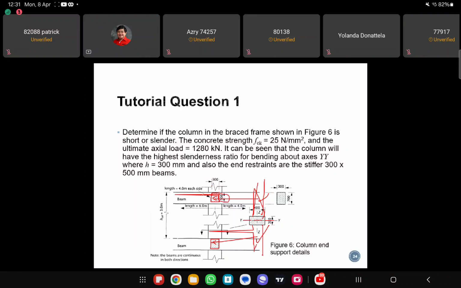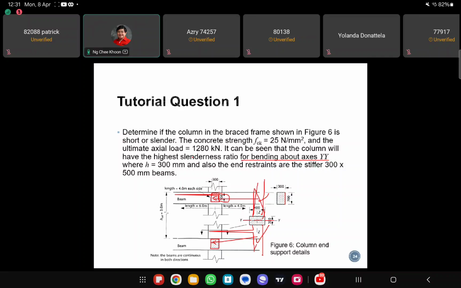Okay, that's why you have a beam arrangement like this. You see that the beam restraining the stronger axis, the z-axis, is much stronger, which is 700 mm depth, and those beams restraining y-axis bending have a depth of only 500 mm. So in this case, by inspection, we know that the bending about the y-axis will be more critical than the z-axis bending.